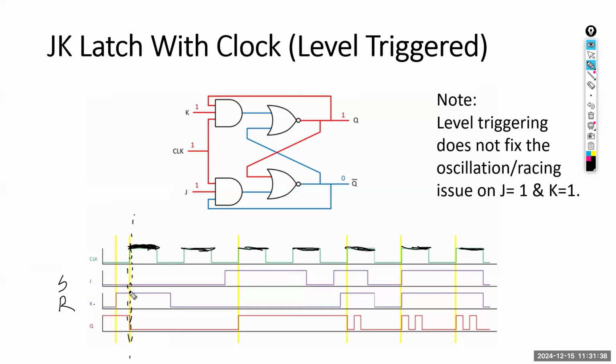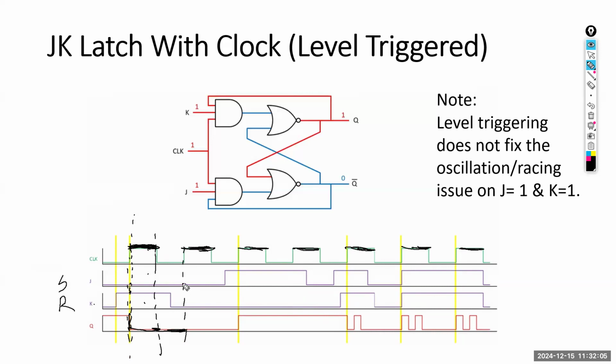R is 1 means reset, so immediately it goes to 0. During this time period there's no change to J and K, so it stays like that. And this is the disabled time period, so nothing is going to change. It stays there.